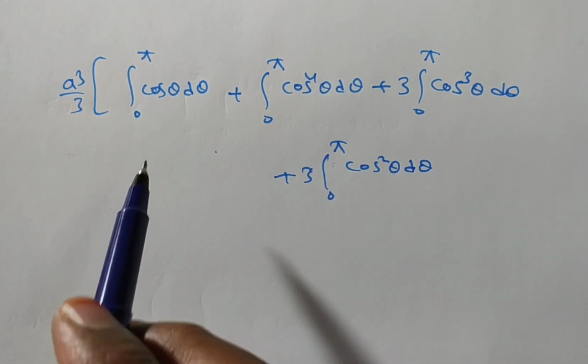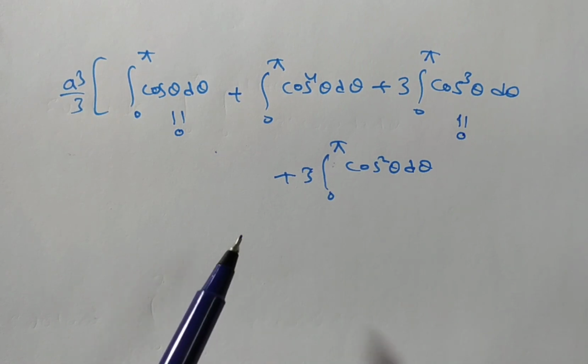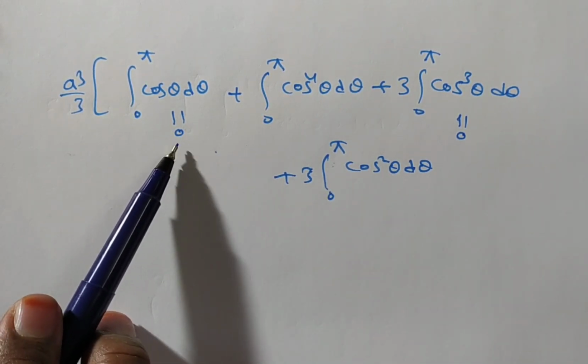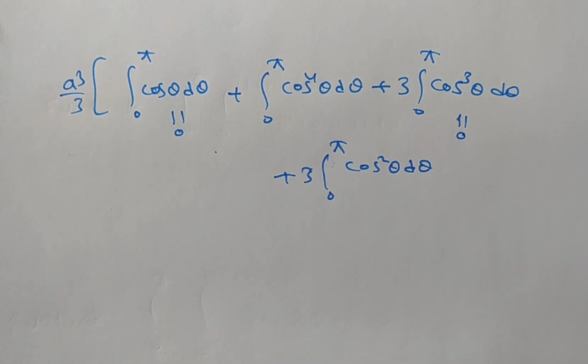Friends, you see, directly I can say this value will be 0 and this value will be 0. How it is 0? By using the calculator you can say, but you have a method. That method I am going to explain right now.